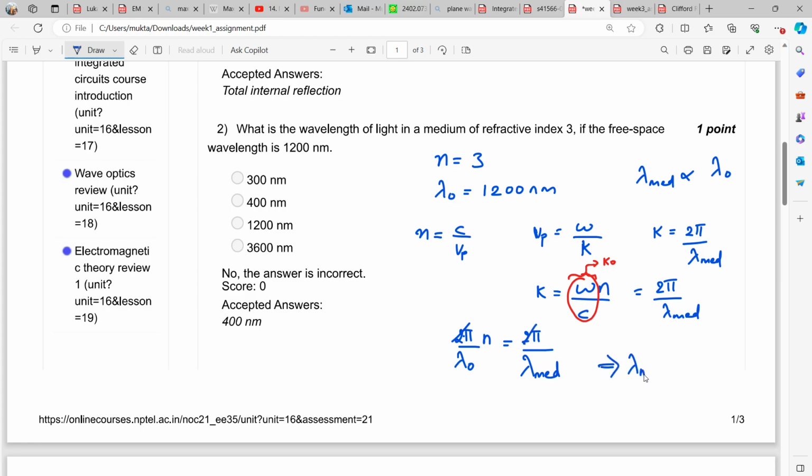So we have lambda medium is equal to lambda naught upon n.